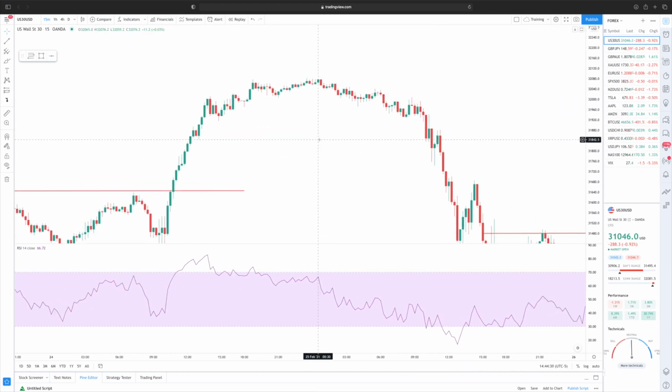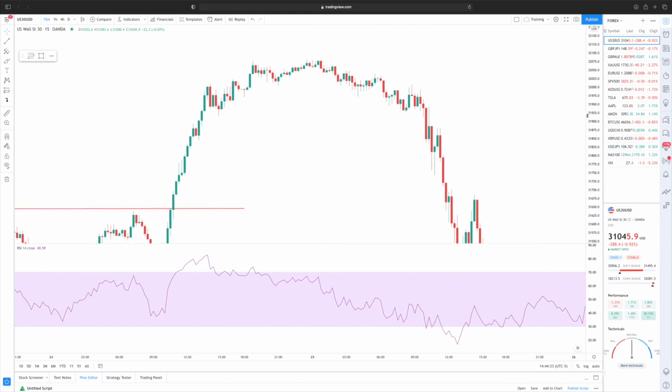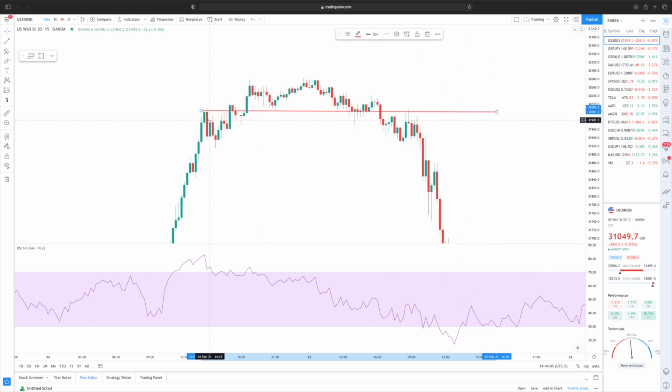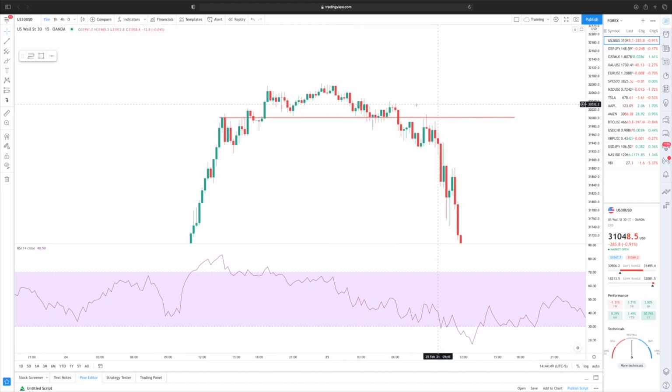For example, let me give you guys an example right here. 32,000, right? Check it out. Okay, I want to show you guys something here. 32,000 served as resistance. You see it? It finally broke above.